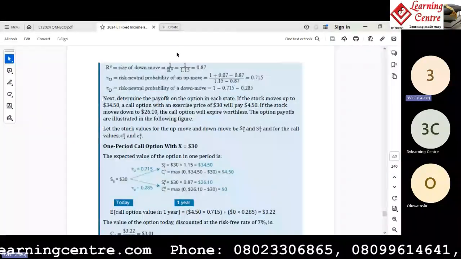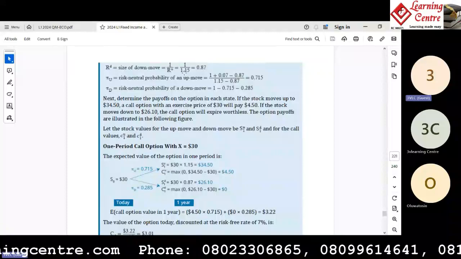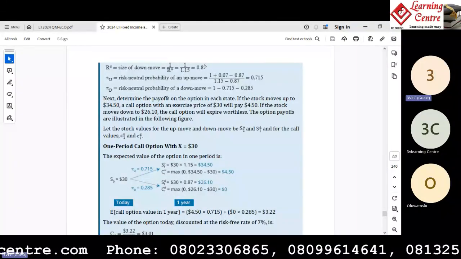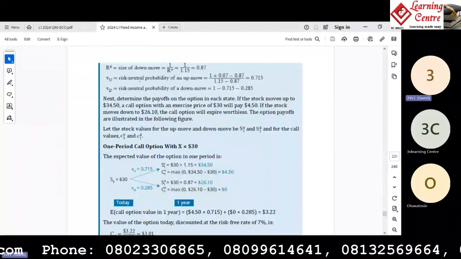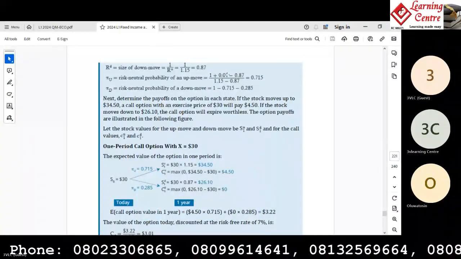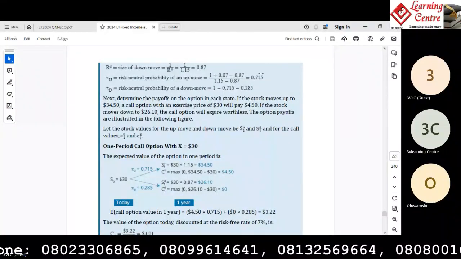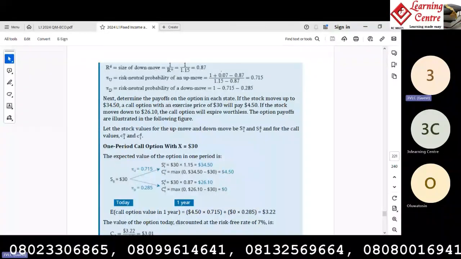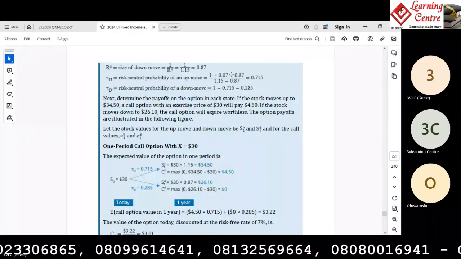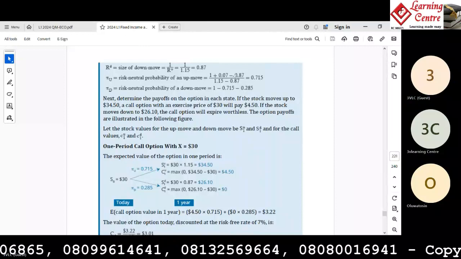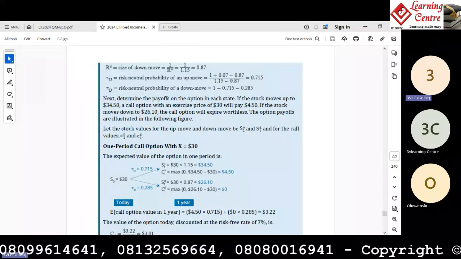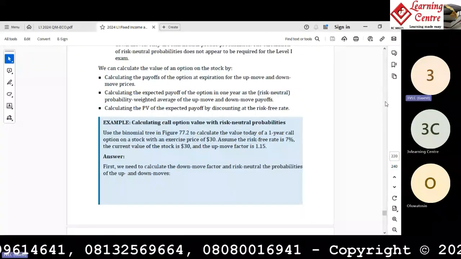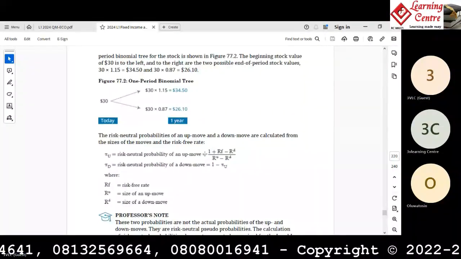So 1 over 1.15 gives us the 0.87, which we have used in our calculation. But now, the risk neutral probability, how do we calculate it? That is 1 plus the risk-free rate minus the down factor divided by the up minus the down, which is this formula we have here.